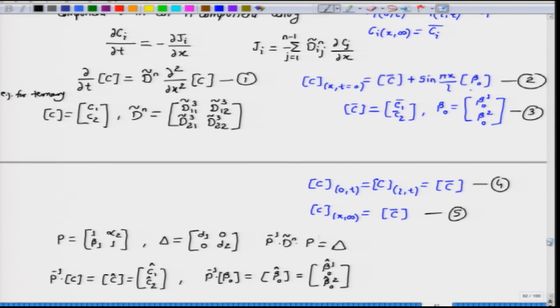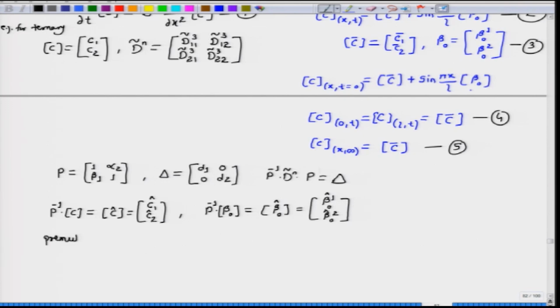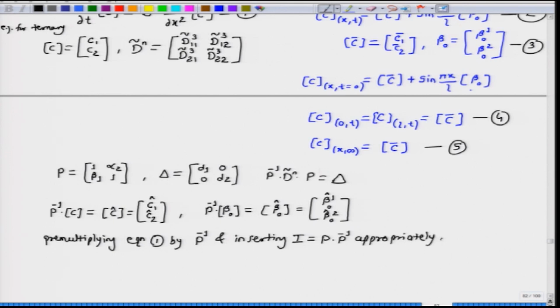So what we get after pre-multiplying equation 1 by P inverse and inserting the identity matrix P times P inverse appropriately is: dou by dou t of C cap equal to P inverse times D tilde times P times dou 2 by dou x2 of C cap.